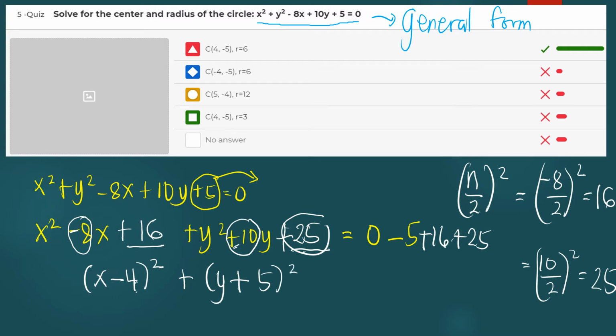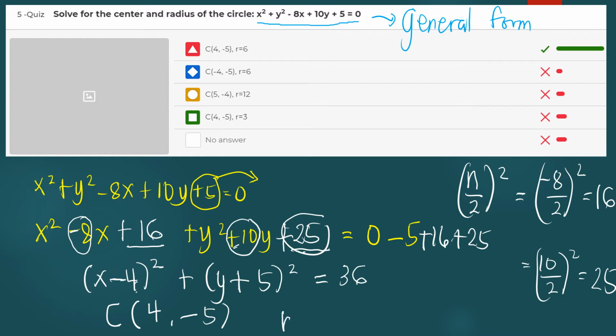Then, squared is equal to, simplifying the right side of our equation, that will be negative 5 plus 16, that will be 11, plus 25, that will give us 36. Okay? So, to identify the center, we have here negative 4, that will become positive 4, and then we have here positive 5, it will become negative 5. So, that will be the center.